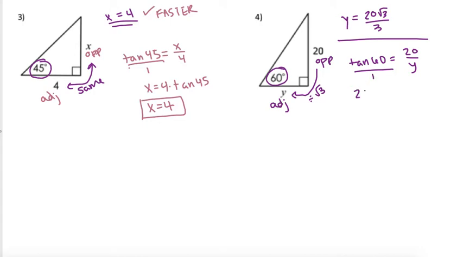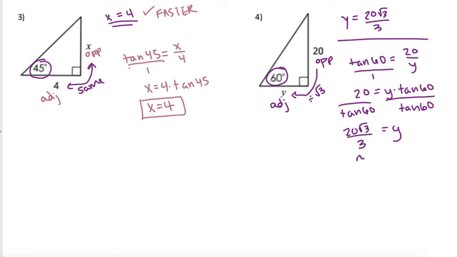So I cross multiply, I get 20 equals y tangent of 60, and divide by tangent of 60 to get y by itself. So in my calculator, I take 20 divided by tangent of 60, and it gets me that same value, 20 radical 3 over 3, which is approximately 11.5-ish for my y value. And again, special right triangles, one way to get it. Trig will work for any of these.